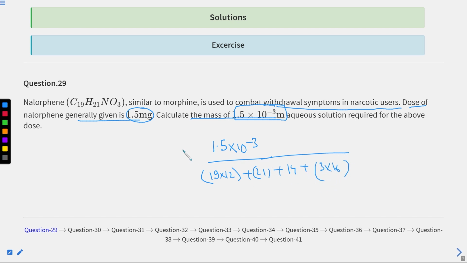So this is the number of moles that is required. Now it is given that in 1 kg we have 1.5 into 10 to the power minus 3. So in how many kgs we will have this much? Okay, so I will calculate it. So it will be simply 1.5 into 10 to the power minus 3 into x. Okay, clear?